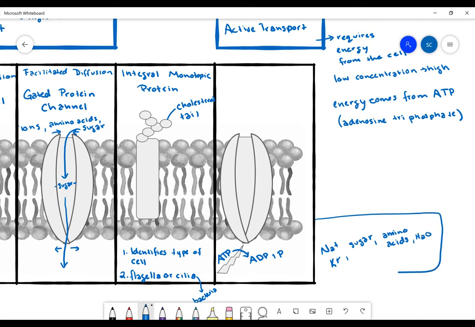Okay, so again, those groups are all part of here and what can be moved there. Again, sodium and potassium being the usual ones that will transport through there, but the sugar and amino acids, etc., can also be moved through this molecule. It works very similar to the gated protein channel, where the molecule will move in. So let's say we're looking at potassium.